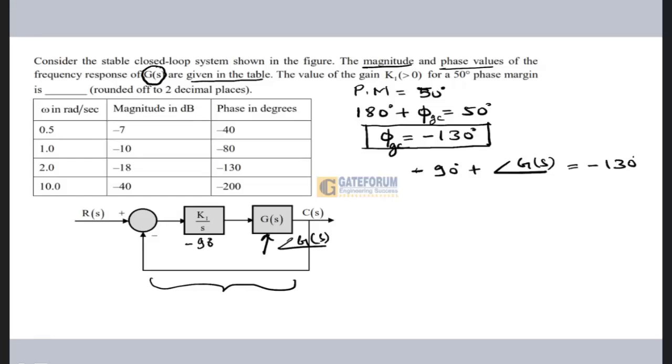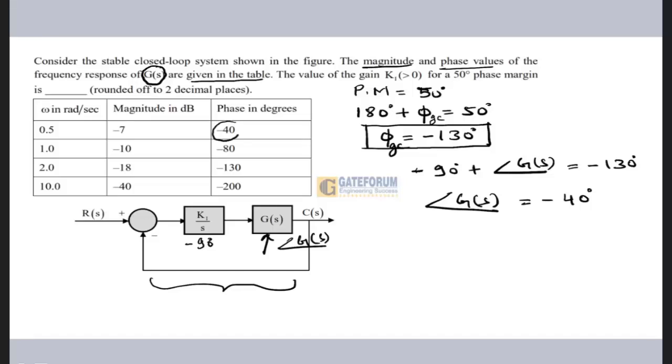Now this particular angle was given at gain crossover frequency. So the angle of G(S) at gain crossover frequency is minus 130 plus 90, that is minus 40-degree, and this particular angle that they have given is here.